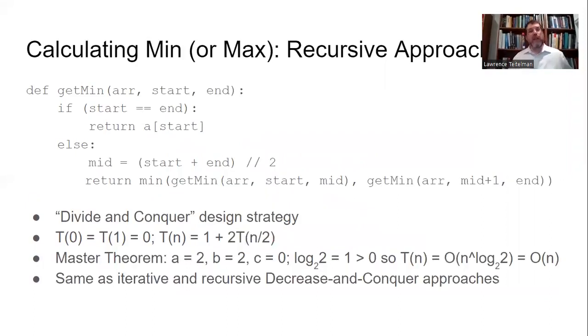All right. So here is finding the min, and here's a recursive approach. Okay, how is this different than the one on the previous page?